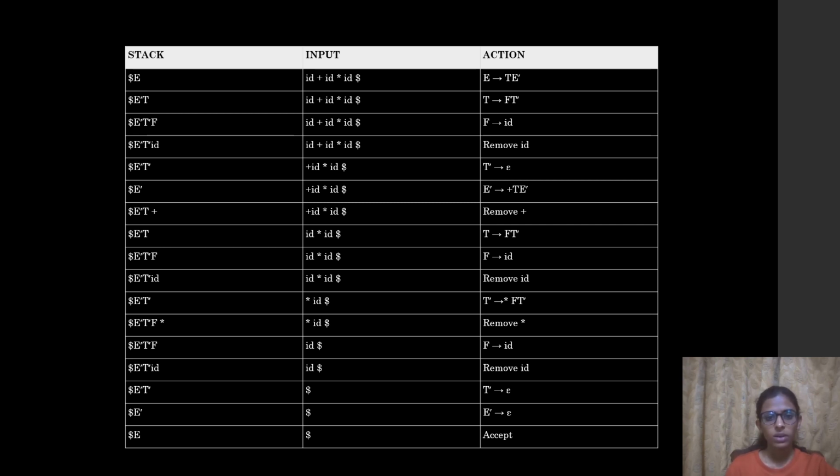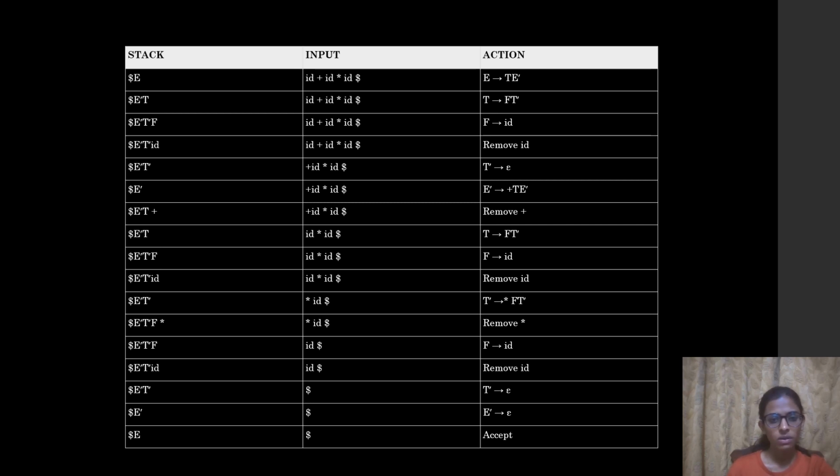we get id, and we remove id from the input. After removing the id, we get E' and T' with the remaining input, and for T' and plus id we have the action T' gives epsilon naught. So T' gives epsilon naught, and we get E' with this input, and E' gives +TE'.